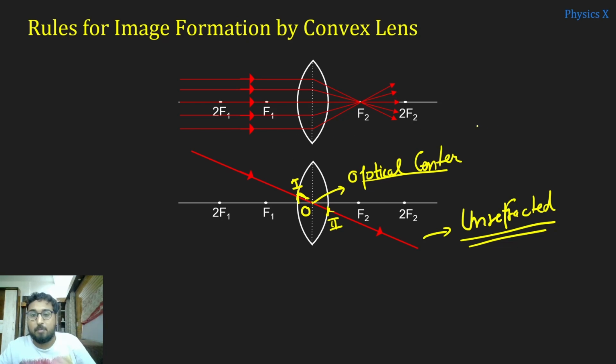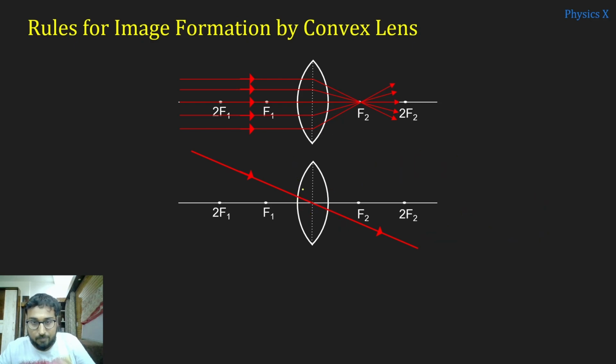Suppose it bends towards the normal, and this is your normal, and then it bends back like this. So it will just cancel out the first interface. Whatever refraction happened at the first interface will be cancelled out by the second one, and we observe a straight line. So we generally directly draw this straight line, that if any incident ray is passing through the optical center, it will go unrefracted. So this is your second rule.